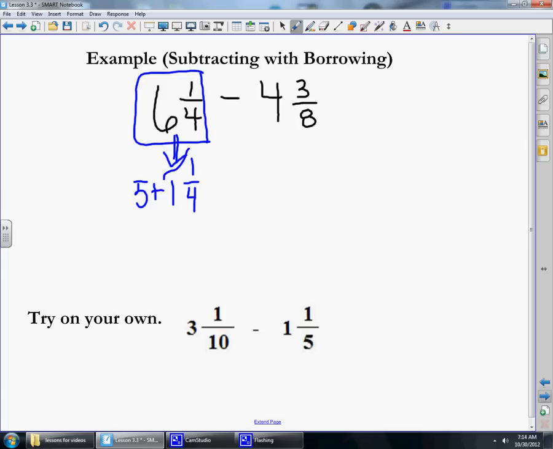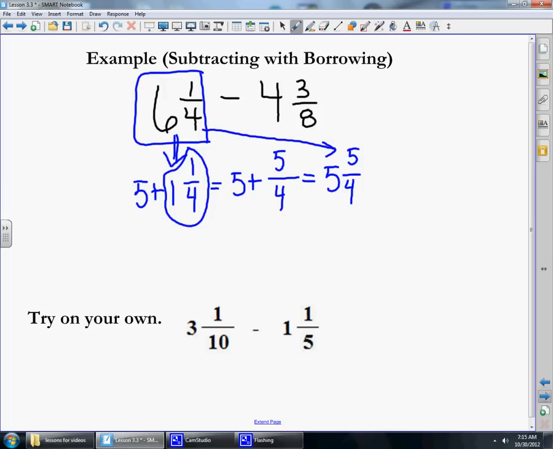We can take the mixed number and turn it into an improper fraction, so we get 5 plus 5/4. When we add them up, we'll get 5 and 5/4 fraction, okay? So this is how we rename this fraction 6 and 1/4 into 5 and 5/4.